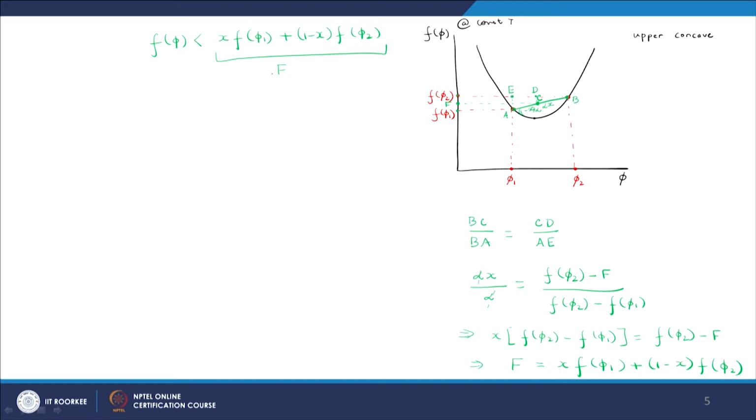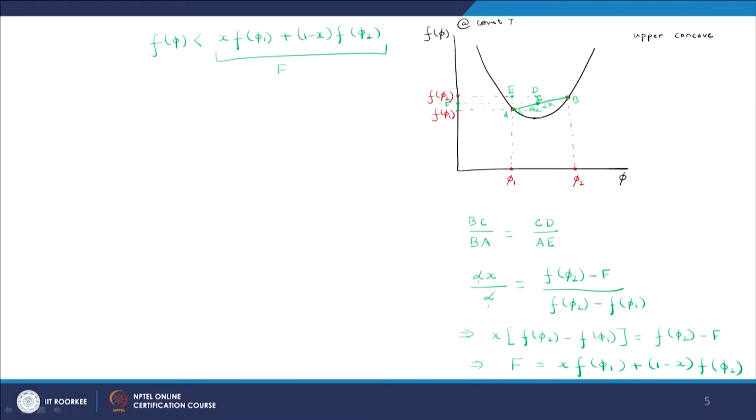So, if the function value is less than capital F, then we know that the system has a tendency to mix together, which is indeed the case, because if I think of any intermediate value between phi 1 and phi 2, of course, if I mix these two liquids at phi 1 and phi 2, the new mixture will have a volume fraction intermediate between phi 1 and phi 2.